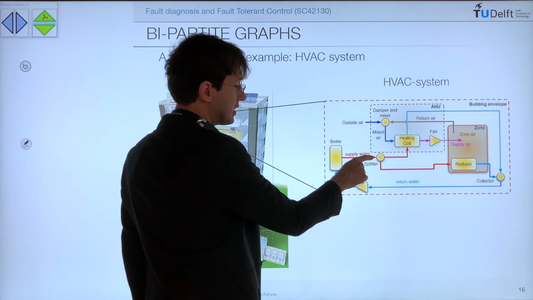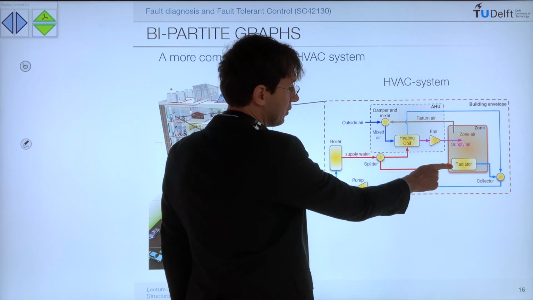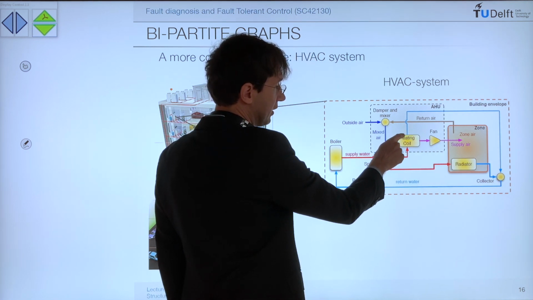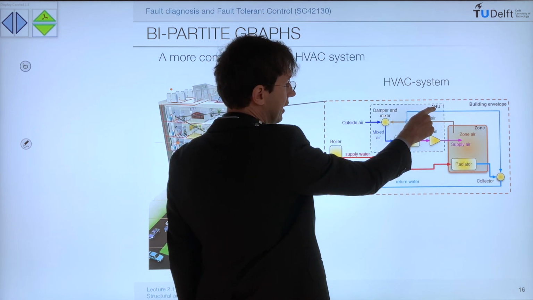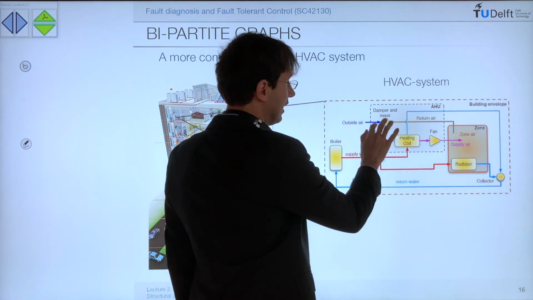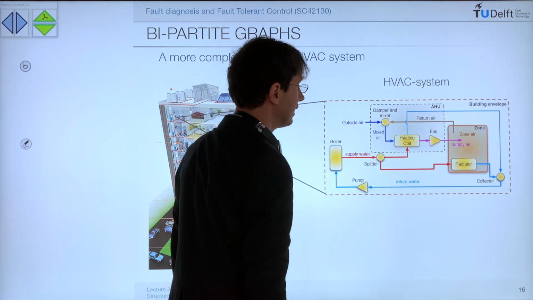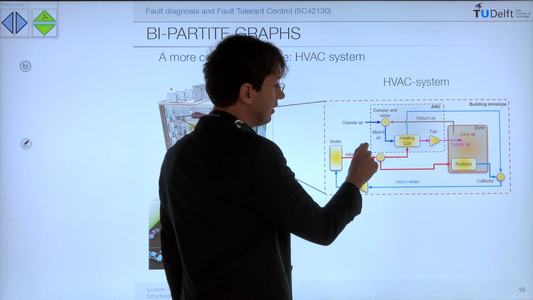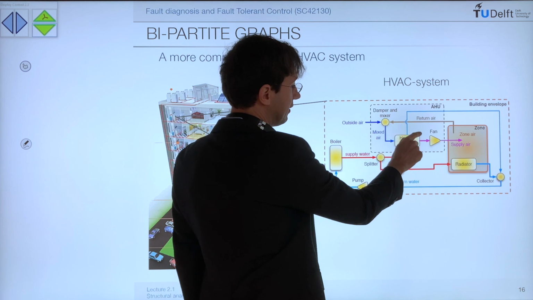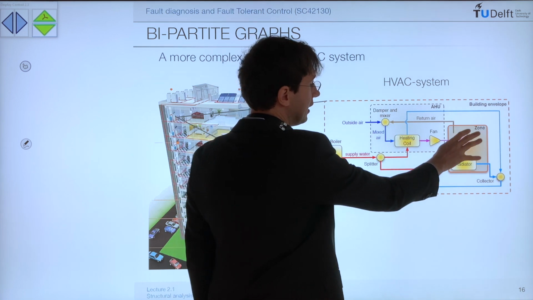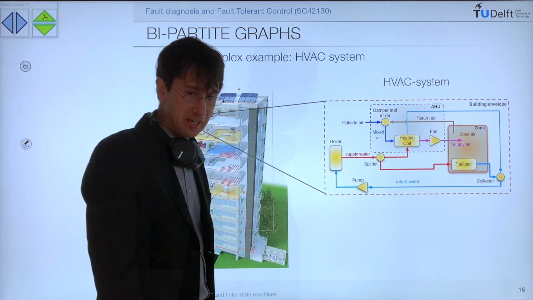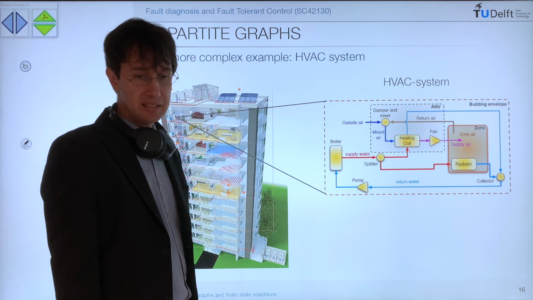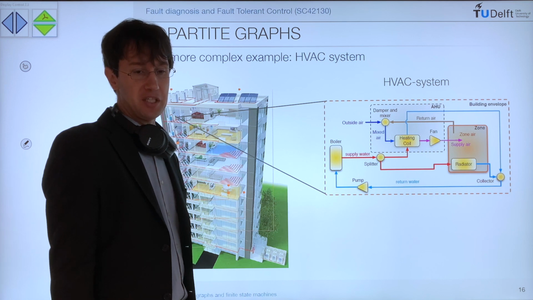And this hot water is split in order to heat a radiator or heat a heating coil inside an air handling unit. And this air handling unit is mixing fresh, cold air from outside with inside air that is heated here in order to provide warm, fresh air to your dwelling. So you have two functions here, heating and providing fresh air.